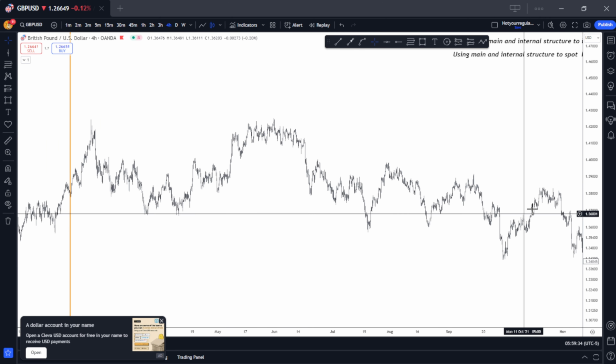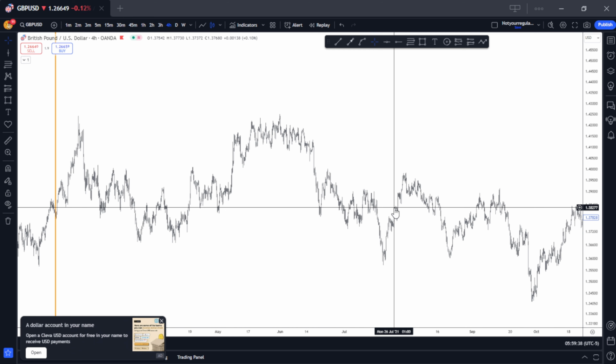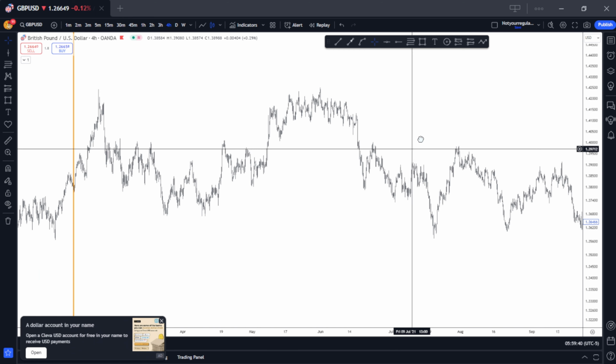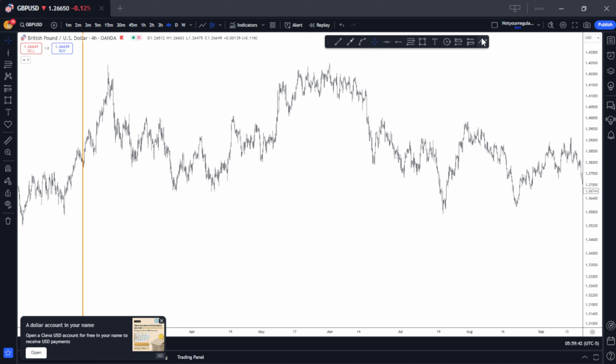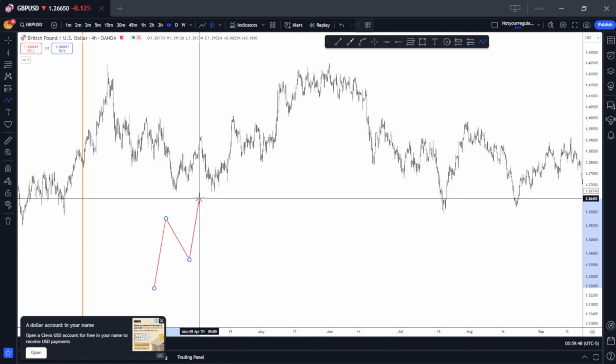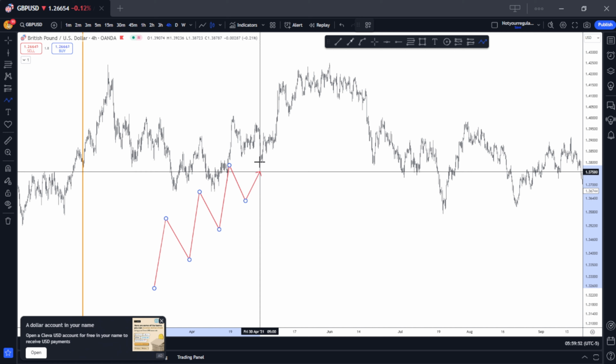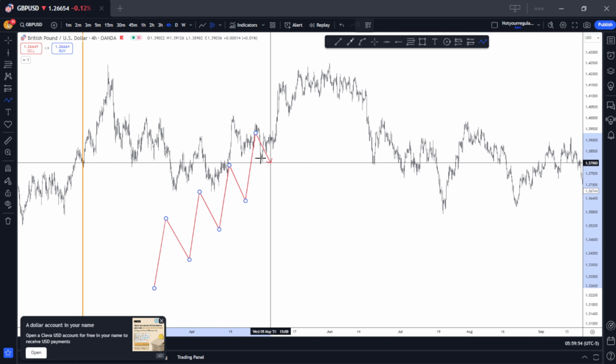As we have been taught by some of our mentors, market structure is basically just markets creating higher highs, higher lows, higher highs, higher lows, higher highs.